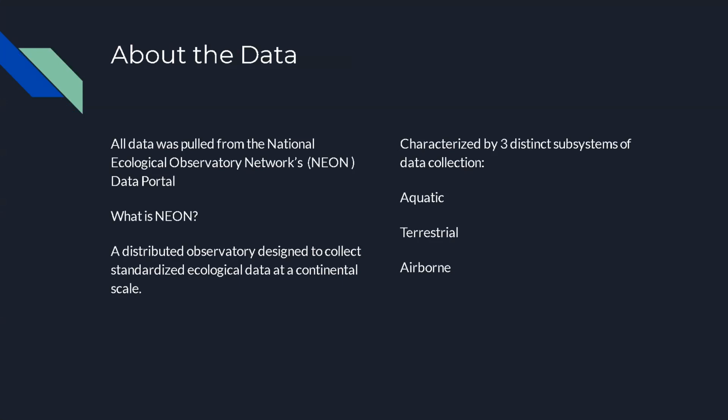It's more common in the astronomy field, which I have a little bit of a background in, where large networks of satellites are constructed so they can focus on specific astronomical events. NEON is the ecological version of that. We've got 20 different field domains, and they're all collecting different aquatic and terrestrial data.